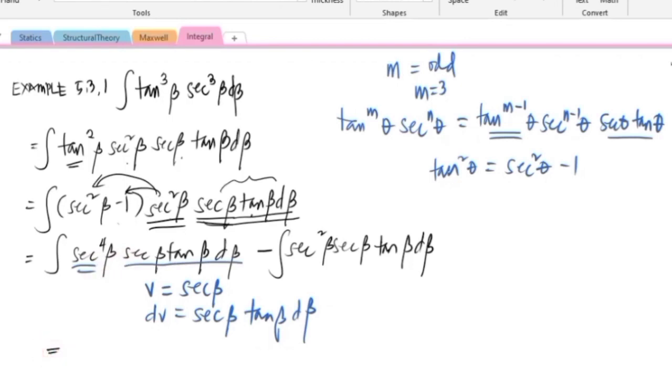So, we have here n plus 1 over n plus 1. So, that's secant 4 plus 1 is 5, so that's secant to the 5th beta over 5. And this one, since derivative ng secant ay yung secant tangent, so therefore n plus 1. So, that's minus secant cube beta over 3 plus c. And this is our answer.